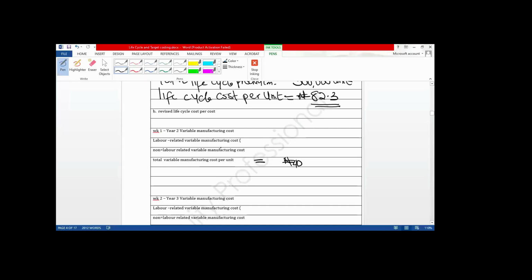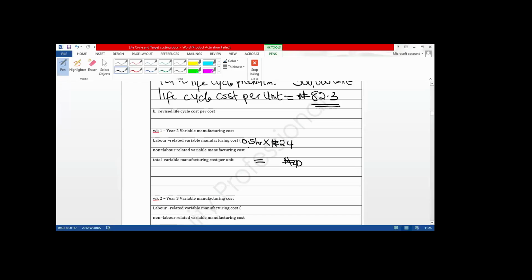Examiner says for labor related, it will take 0.5 hours to produce 1. Now go and check what is labor cost per hour for year 2. It is 24 naira per hour.